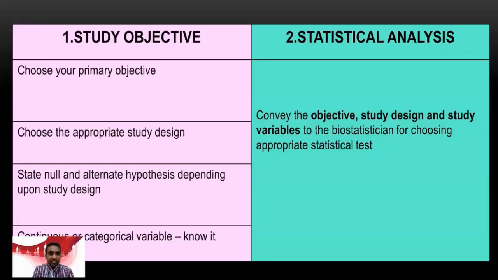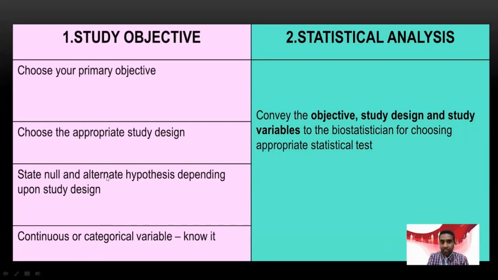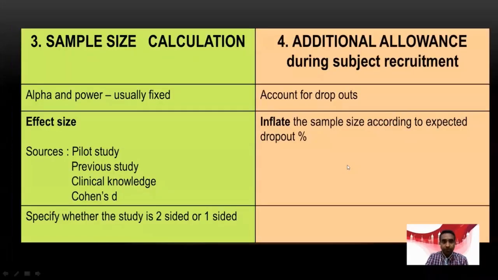So summing up, we have to understand the study objective clearly, choose your primary objective, choose the appropriate study design, and state your null and alternate hypotheses depending upon the study design. Know your variables, whether continuous or categorical, and how you are going to measure the outcome. Give it to the statistician, he will find the appropriate statistical test and give the formula.